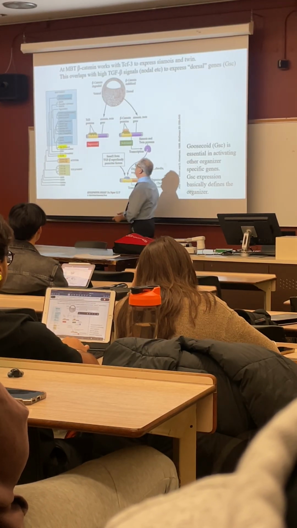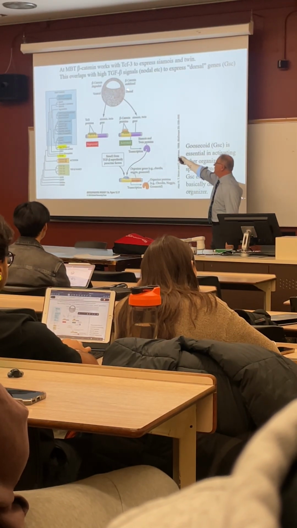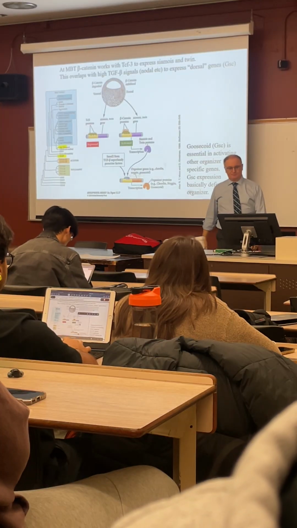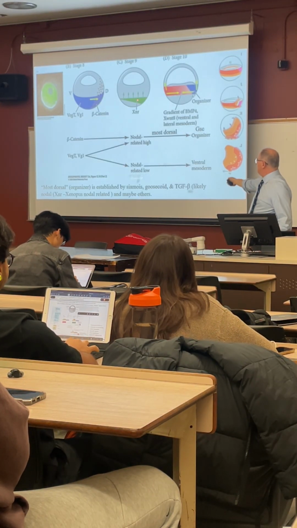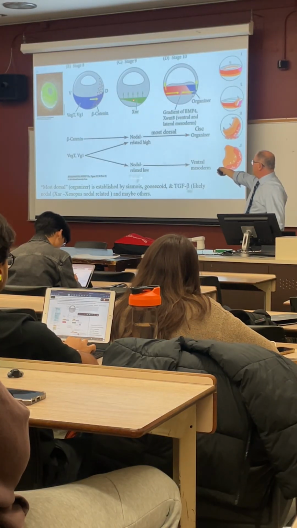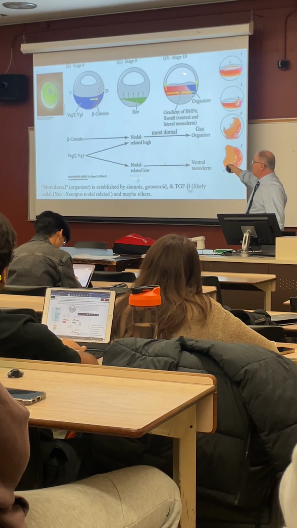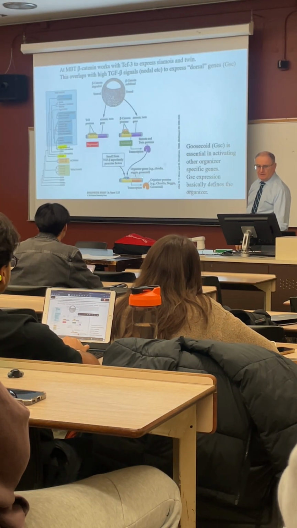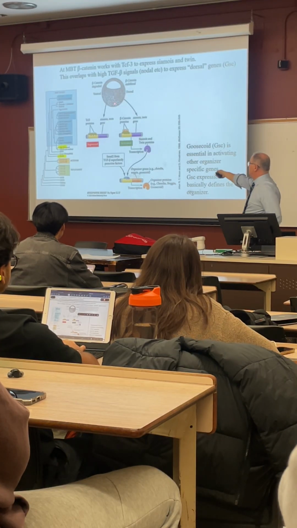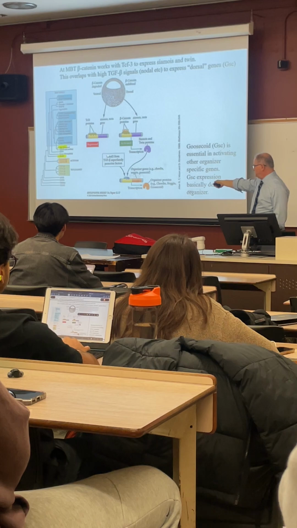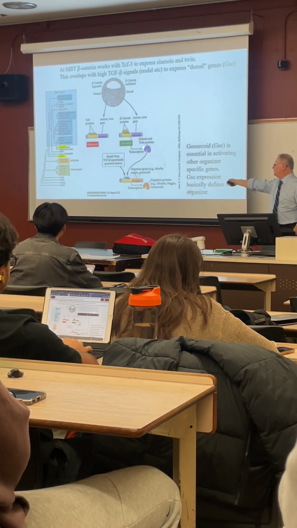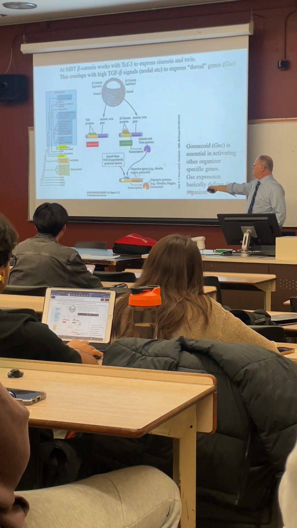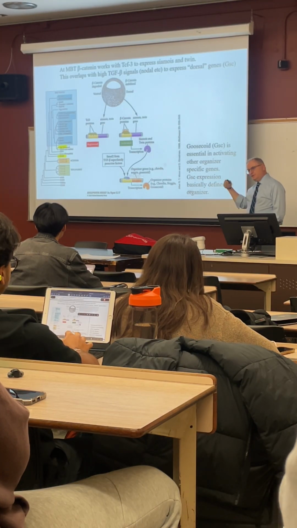So where are you going to find nodal and Vg1? Well, in that area of the dorsal organizer, right? Backing up one. It's where you have Vg1 and nodal and beta-catenin. That's where you're going to have the dorsal organizer. Okay? So in terms of transcription, beta-catenin is going to turn on Siamois and Twin, but then they need nodal and Vg1 to turn on the subsequent genes.